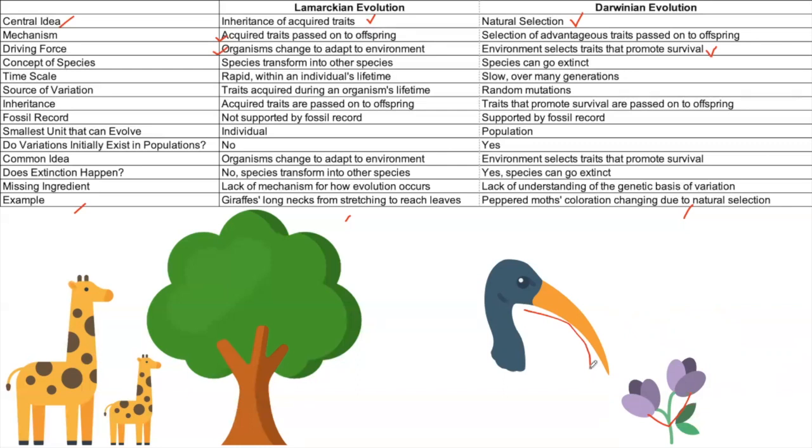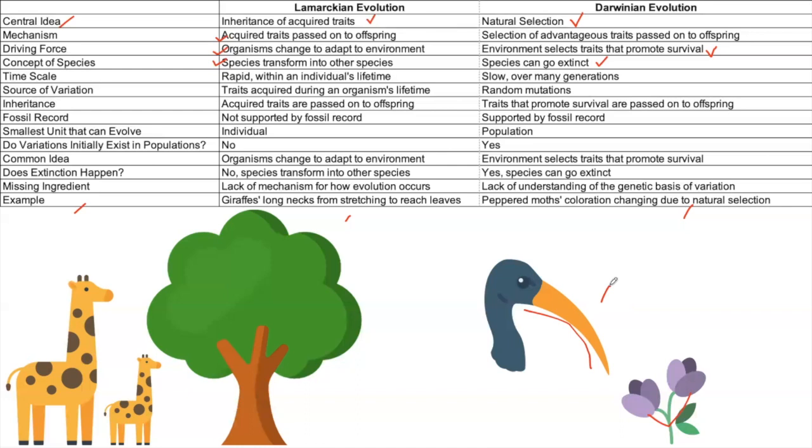Okay? So this is related to the next one, the concept of species. Lamarck's theory suggests that species transform into other species, while Darwin's theory acknowledges that species can go extinct, just like what we said a while ago. So the giraffe transformed into something, and then the birds with the shorter beaks died or went extinct.